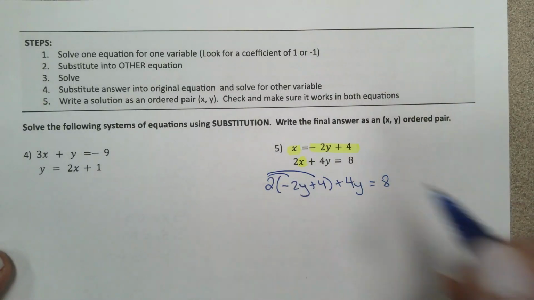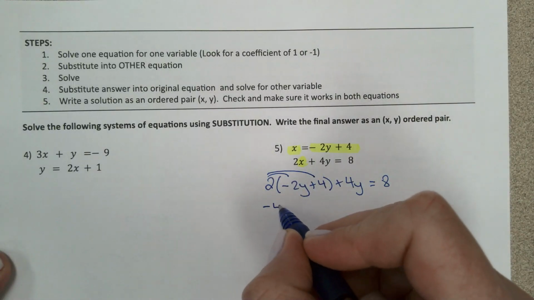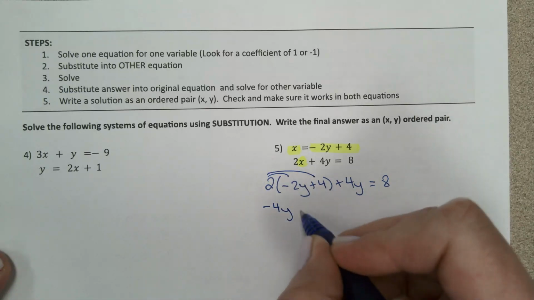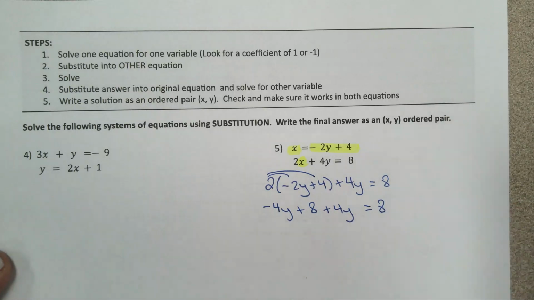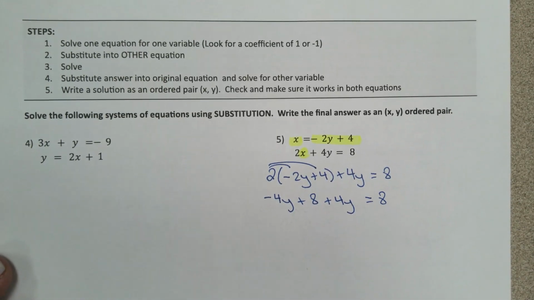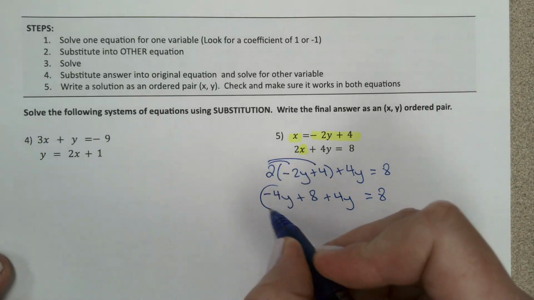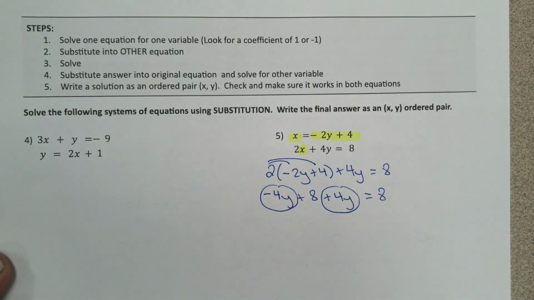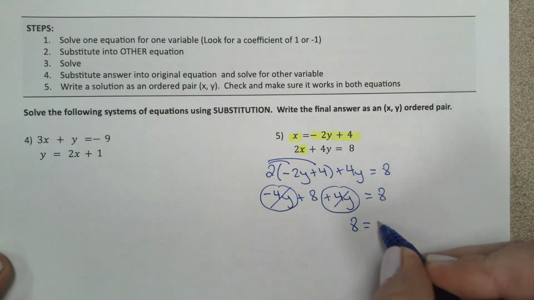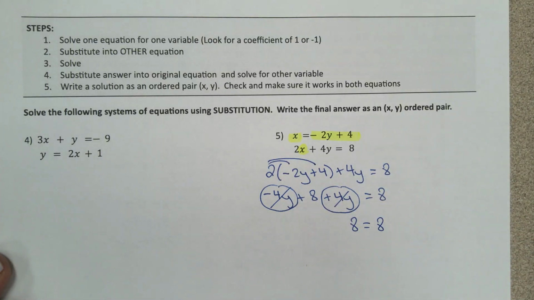I'm going to distribute to clear parentheses. I get negative 4y plus 8 plus 4y equals 8. So I'm going to combine like terms. Negative 4y plus 4y, they zero each other out. And so I have 8 equals 8.